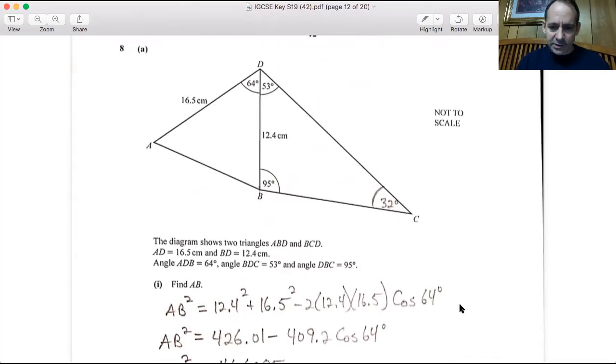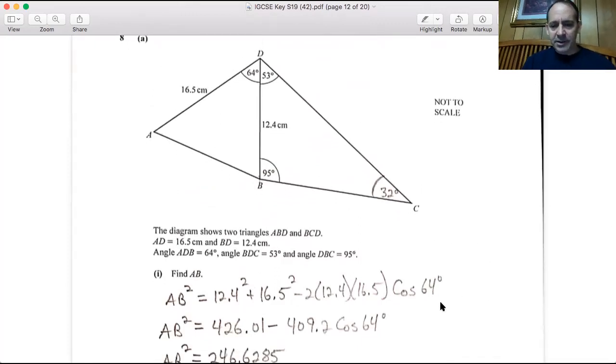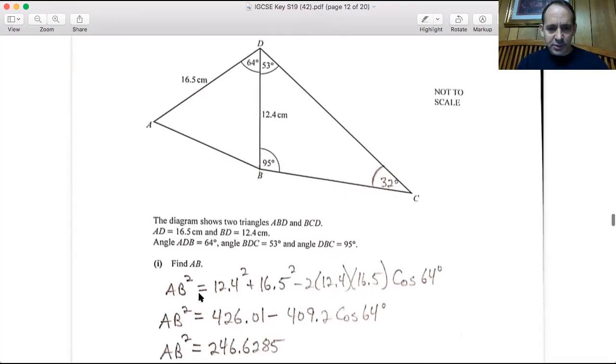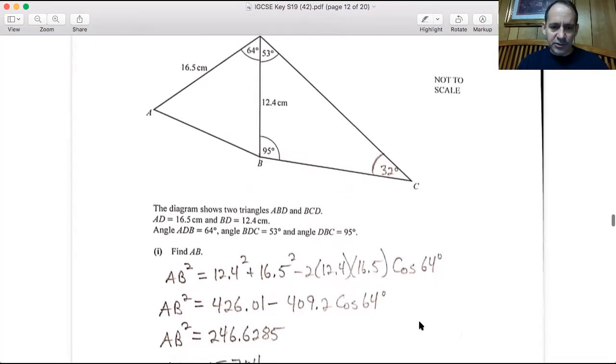If you don't know it, you should memorize it, because the law of cosines, not always, but usually shows up once on every test set. I learn it as c squared equals a squared plus b squared minus 2ab cosine C. That's the formula I use, and then just plugging the parts into it.